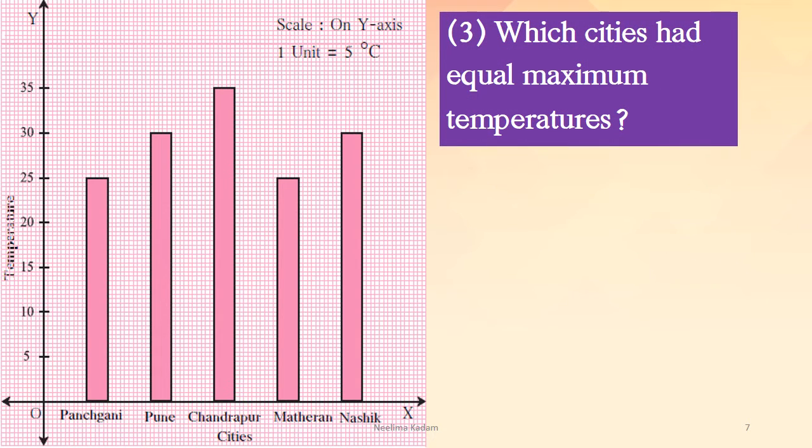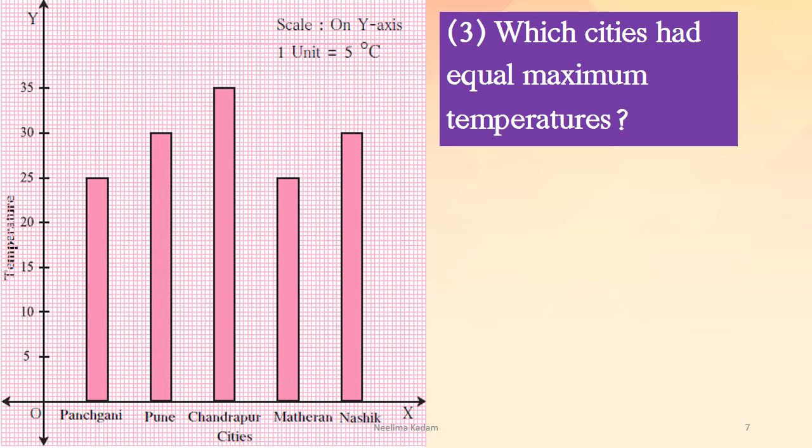Now which cities had equal maximum temperatures? Again, look at the graph and find out which cities are equal. This one and this one are equal. Okay, 25, 25. Similarly, this is also the same, 30, 30.